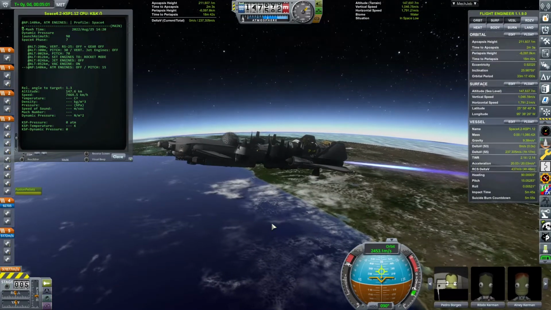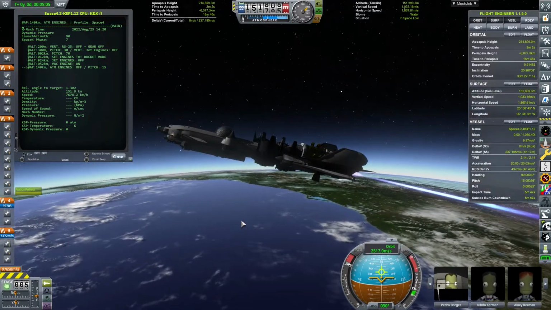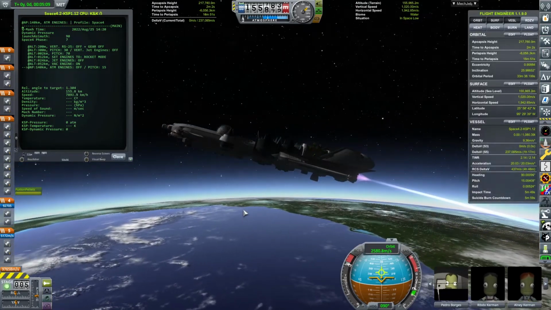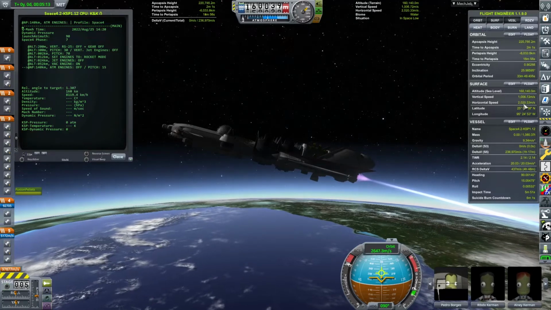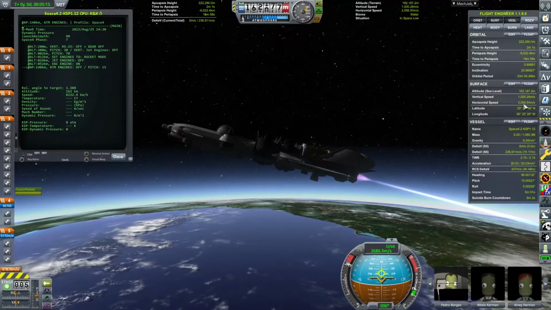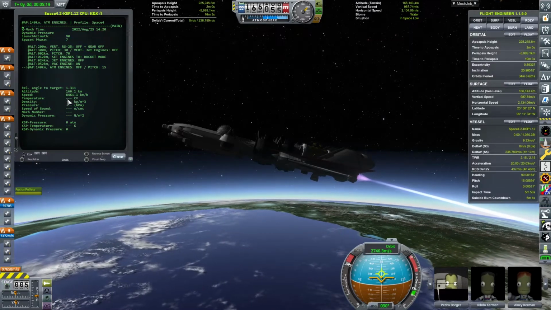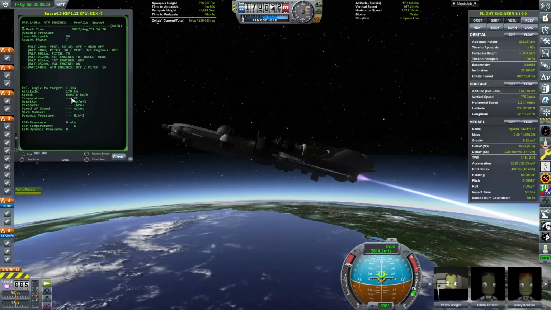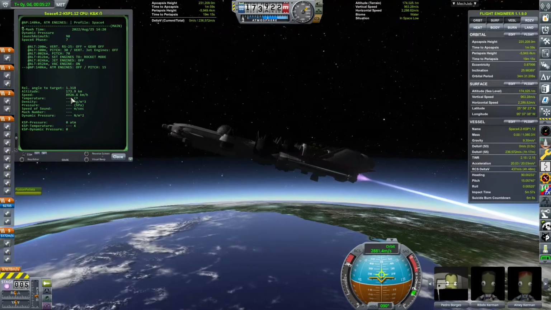Okay, so what will be, let's say, the next step? Right now we are in a phase where mostly we want to gain horizontal speed. Here we can also control the speed vector that we have, both vertical and horizontal.